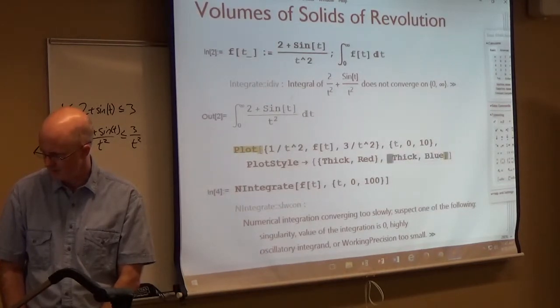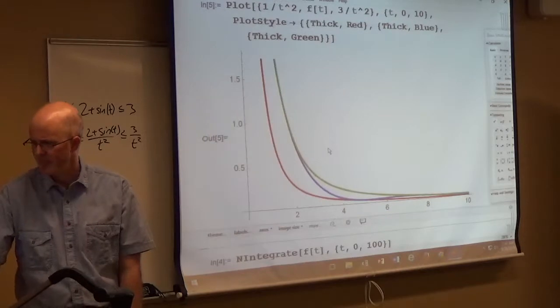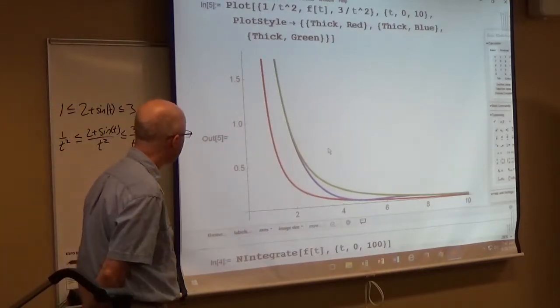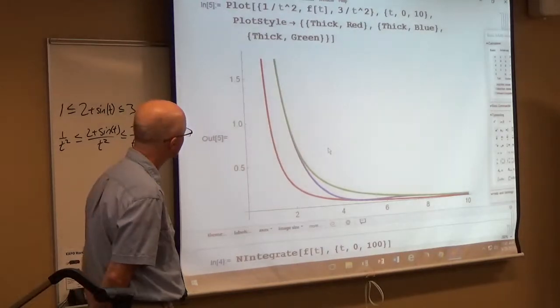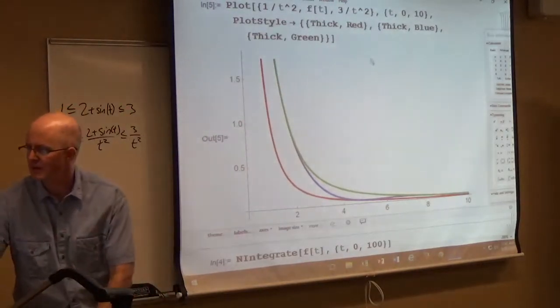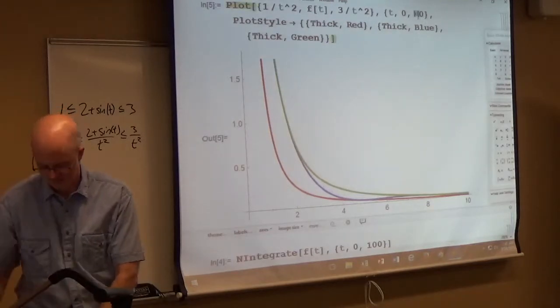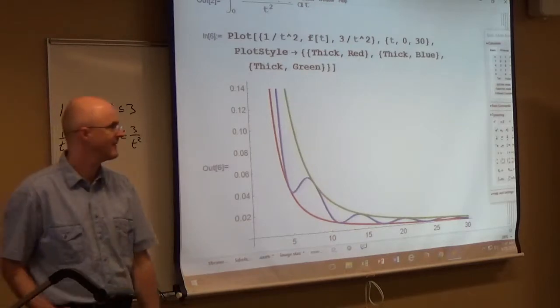The graph we're interested in is going to be blue. It is always between them there. The blue graph is always between them. If we go out further here, you can see it better.